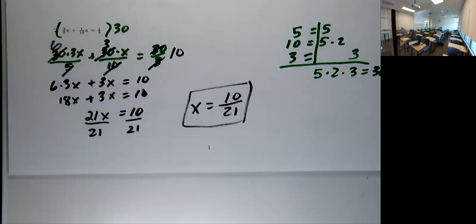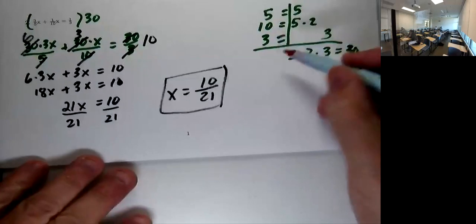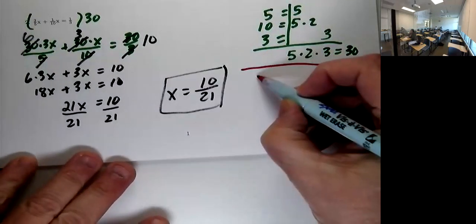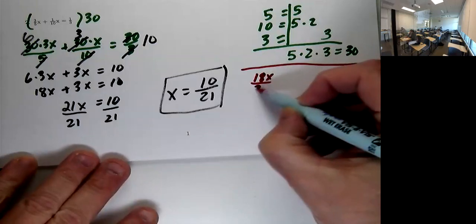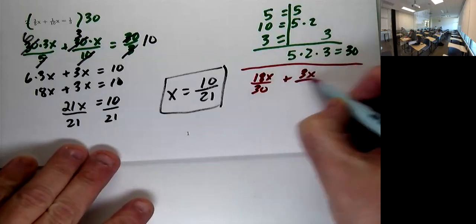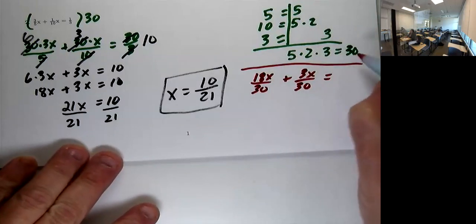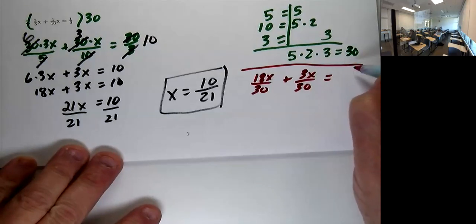If you had left it and got a denominator of 30 in there, you would have had 18x over 30 plus 3x over 30 equals, let's see, 10 over 30.